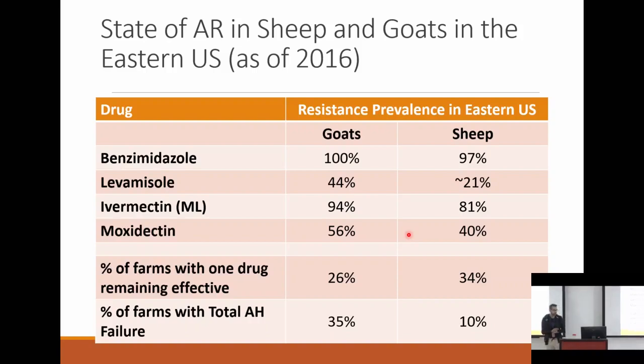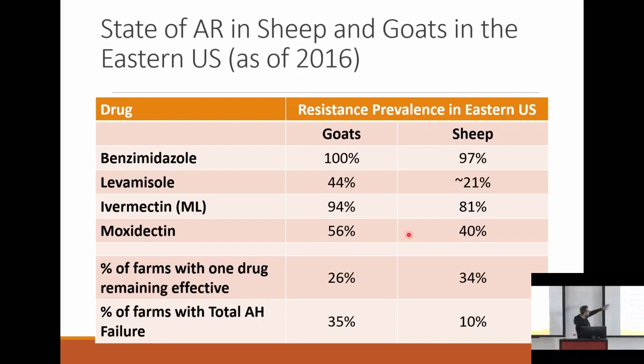Okay, so these are some of the data in the USA on resistance prevalence. For example, if you look at benzimidazole, it is almost at the level of fixation, 100%, 97%.